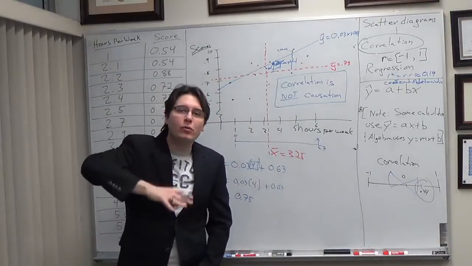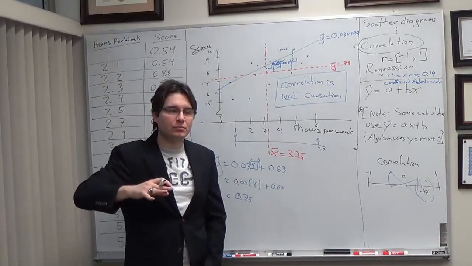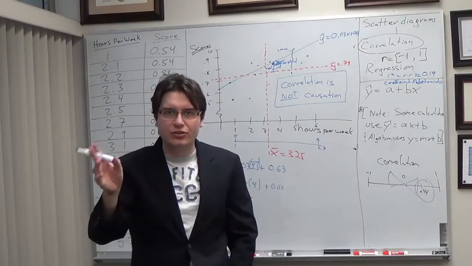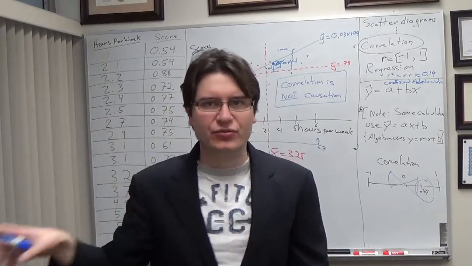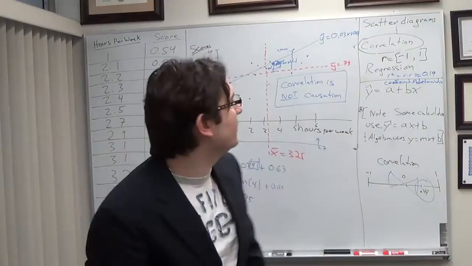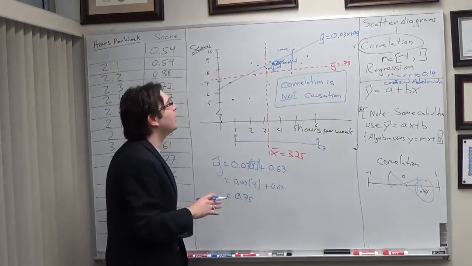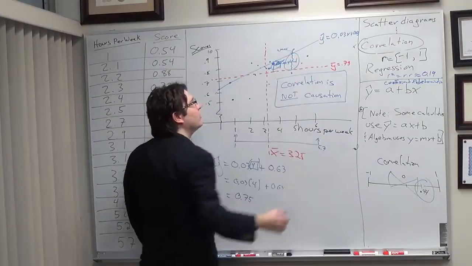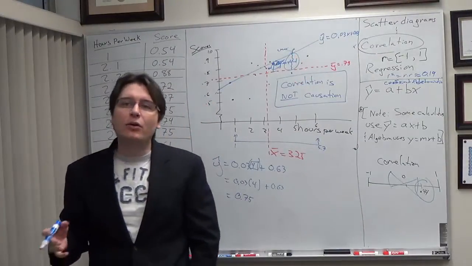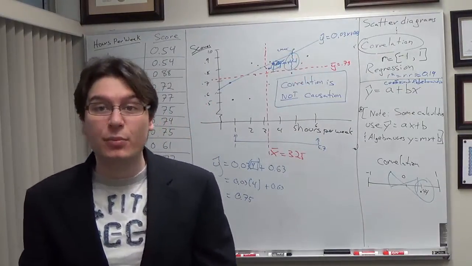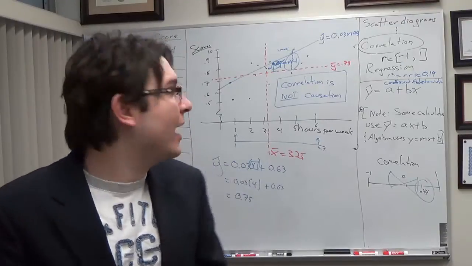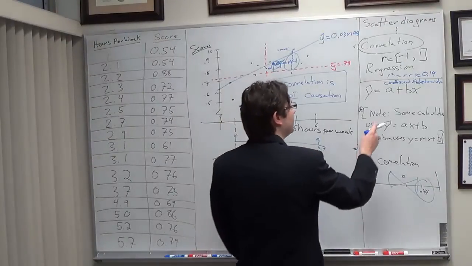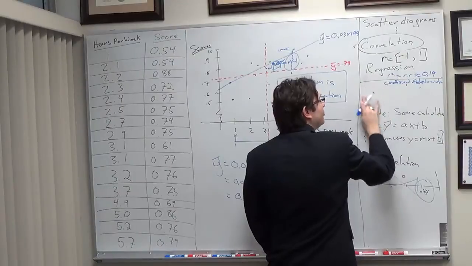If you take the total amount of variation, and again, when you calculated the two variable statistics, you can see the variation for each of these categories individually. If you look at the total amount of variation, and then you try to create a ratio that describes how much of that overall variation is explained by our line, that will give you a number that we call the coefficient of determination.